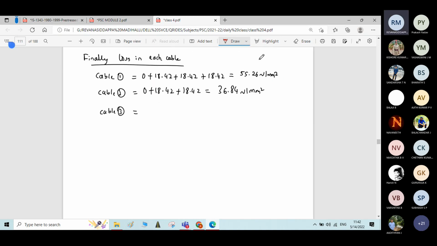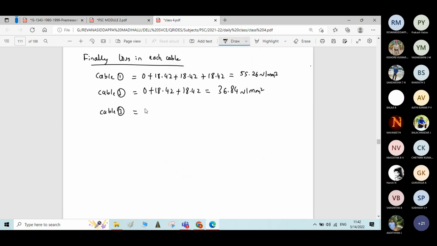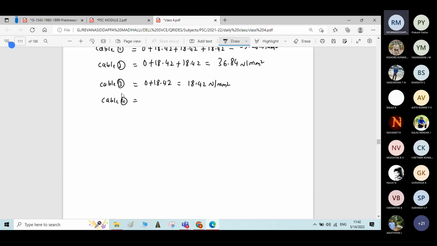So 0 plus 18.42, that is 18.42 Newton per mm square. Then cable 4 is stretched at the last, correct? It is stretched at the last. After this, there is no cable and there is no stretching. So it will be 0.